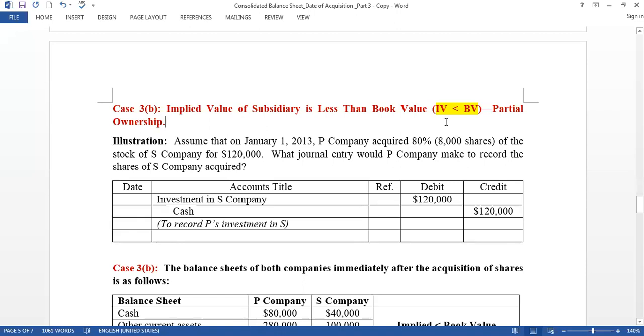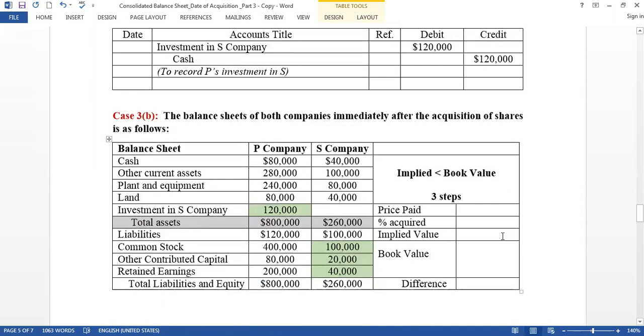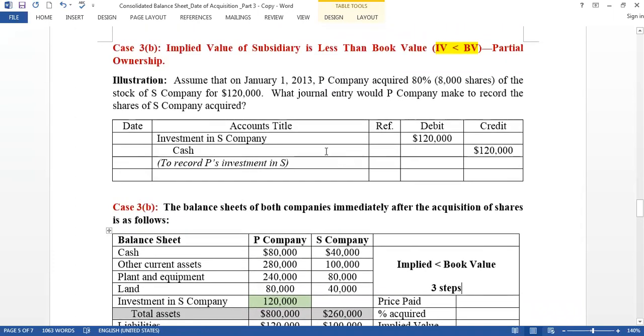You have to read the question, do the 3 steps process, and determine whether you have higher book value or lower book value, and where you have to allocate them. So it depends on the question. You have to read the question very carefully.